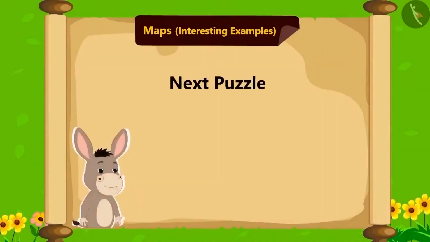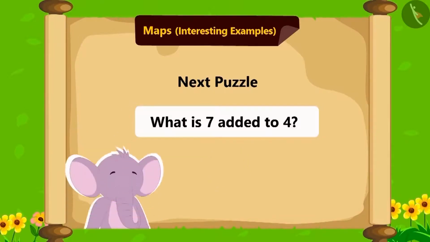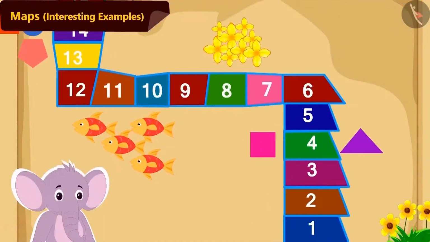Bhola's next puzzle is, which tile is 7 steps ahead of tile number 4? Children, do you know its answer? How much is 7 added to 4? 11. 7 steps ahead of 4 is tile number 11.